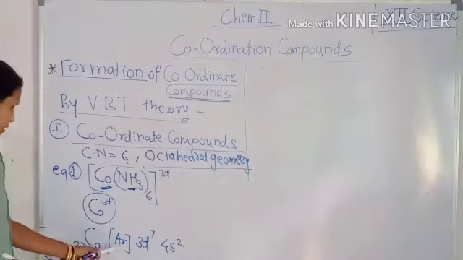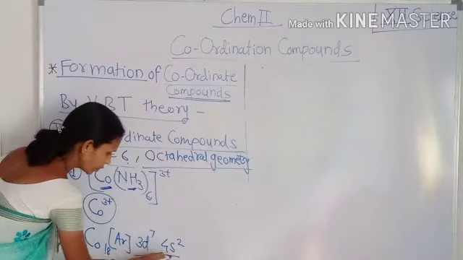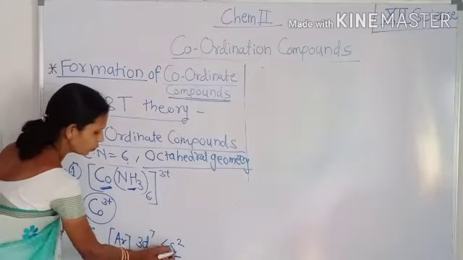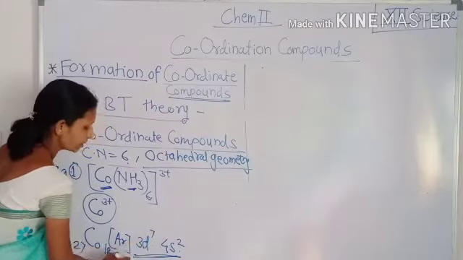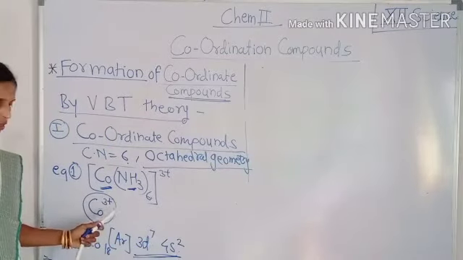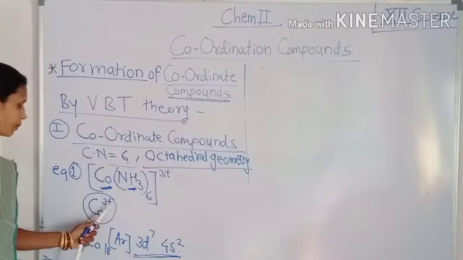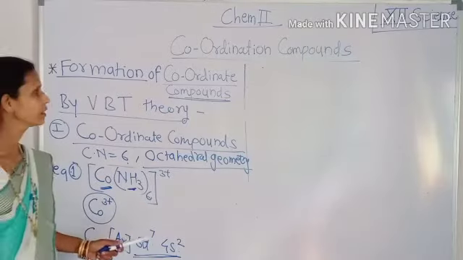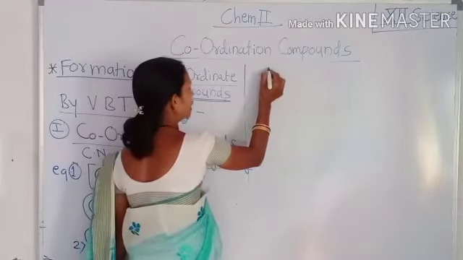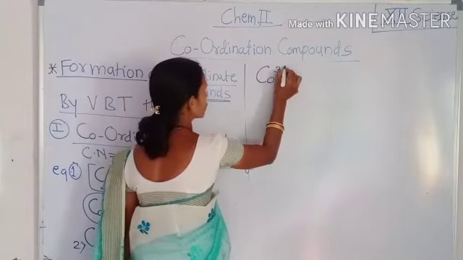Then see here, the valence electronic configuration for the cobalt atom is 4s2 3d7. But here in this complex, the cobalt 3+ ion is there. Therefore, first of all, we have to write the electronic configuration for Co3+.